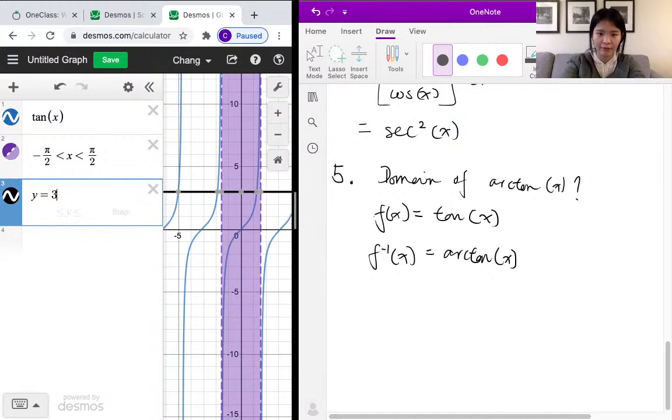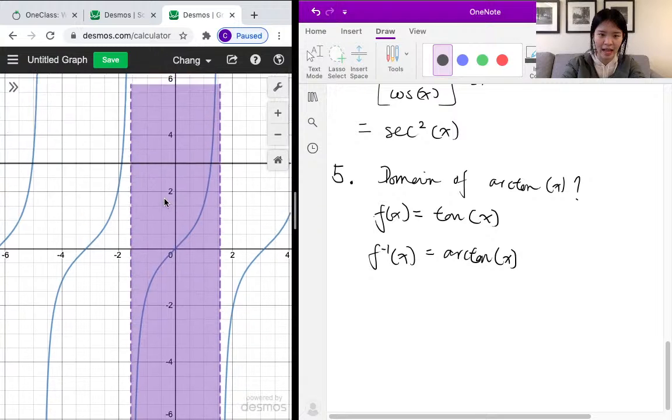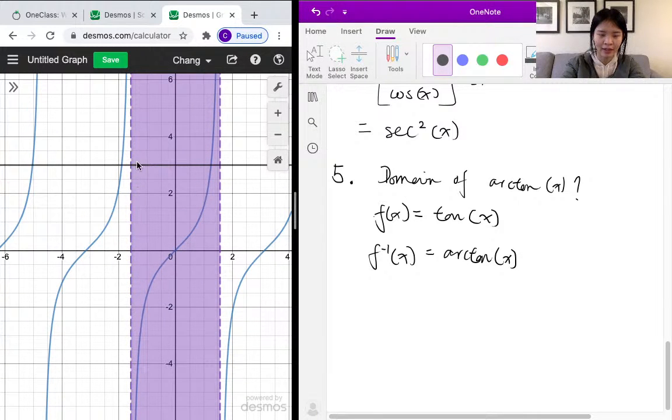So right now, the arctangent function is only the inverse of the area of the tangent function highlighted in purple. If we try a horizontal line again, you see that if we only consider the area highlighted in purple, this function passes the horizontal line test, so it's a one-to-one function that could have an inverse.